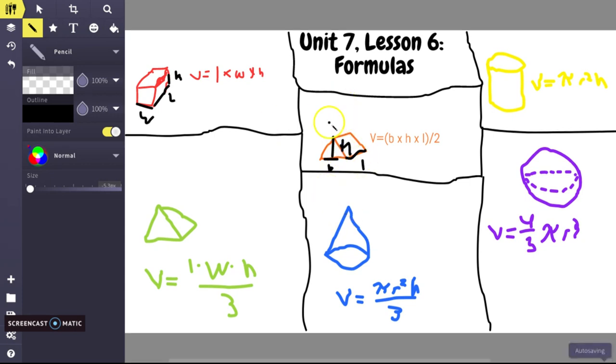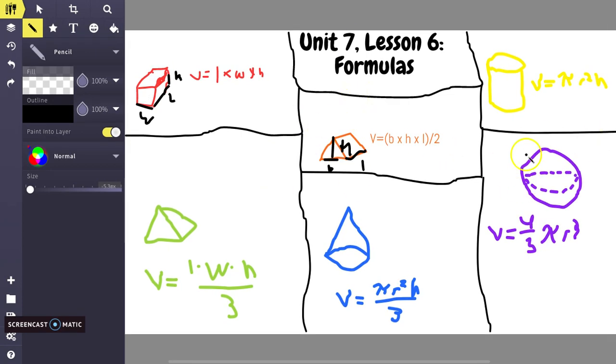Once again, just like in the 2D triangle formula, it's basically this cut in half. Imagine slicing this in half just this way. And there you have it. This figure right here would be that triangular prism right there. That's why.